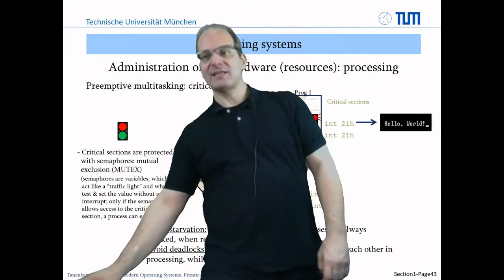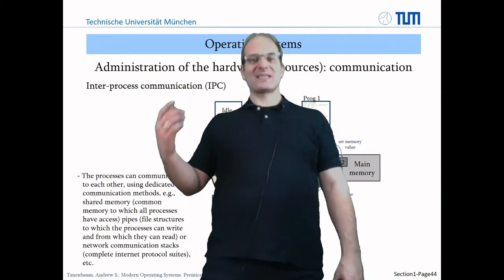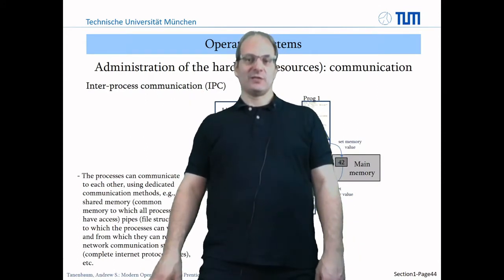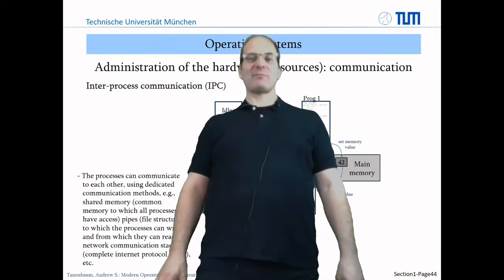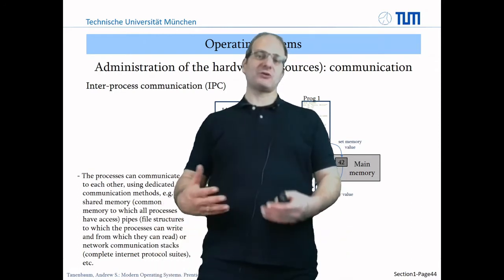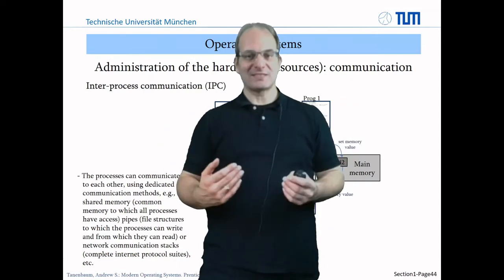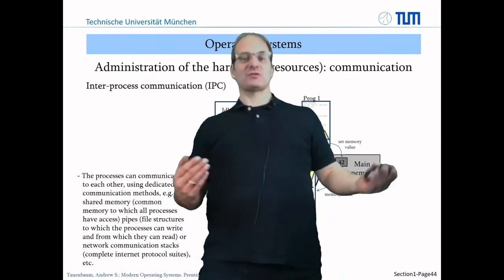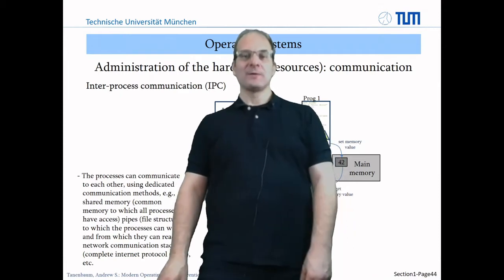On the other hand, you have to organize that the processes can interact with each other. So this is one of the cases where these critical sections can happen. So for example, if some process wants to talk to another and does not send the message, and the other process waits and waits and waits. So there are these interaction mechanisms.